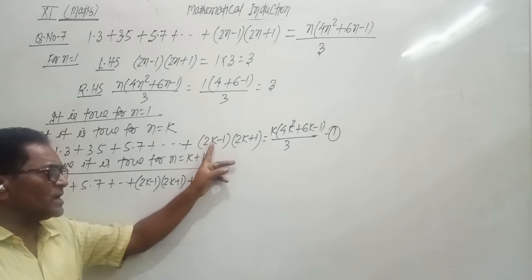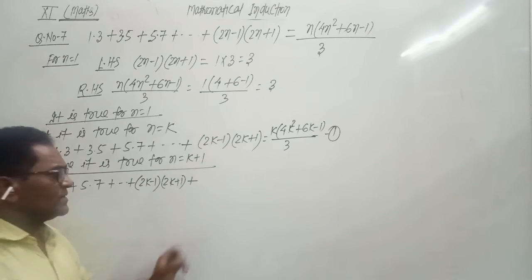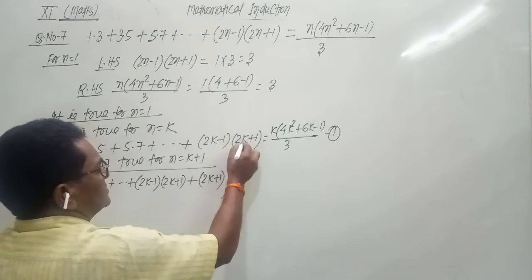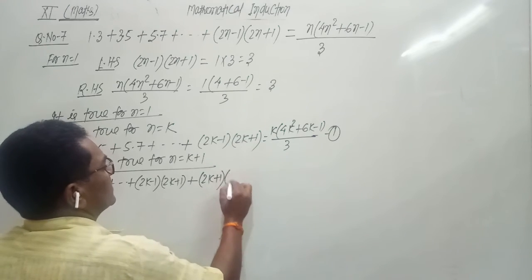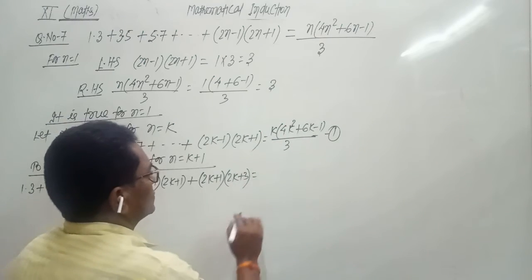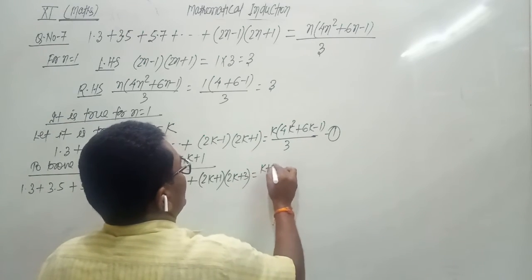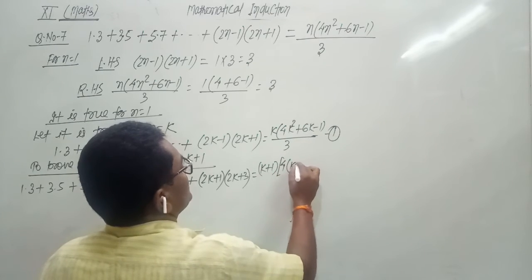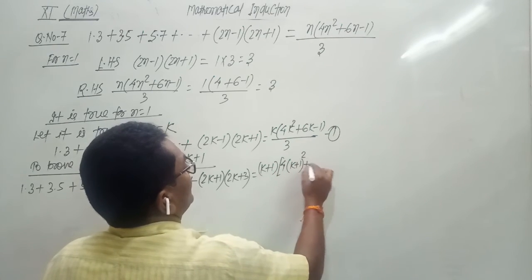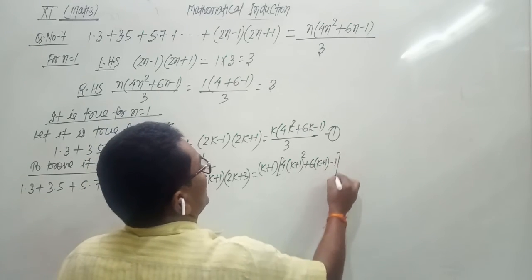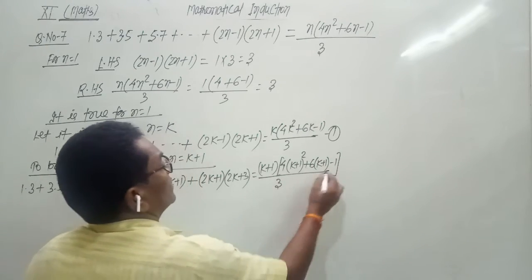So it becomes 2k plus 2 minus 1, means 2k plus 1. And this becomes 2k plus 2 plus 1, that is 2k plus 3. And on the right side also, we put k plus 1, 4 into k plus 1 the whole square plus 6 into k plus 1 minus 1 and whole upon 3.